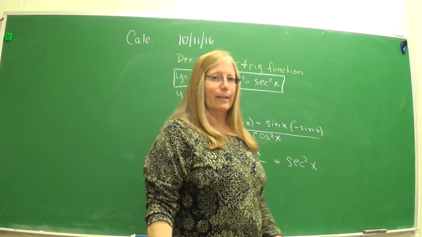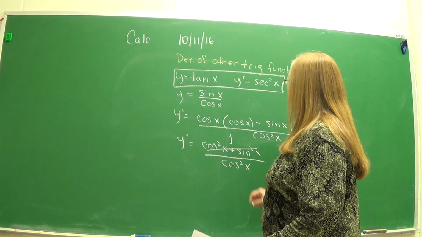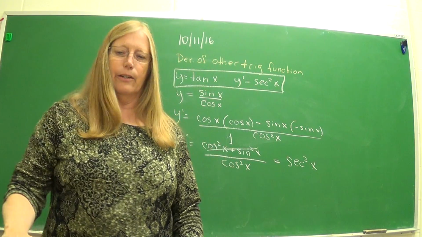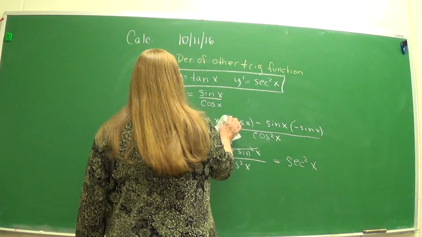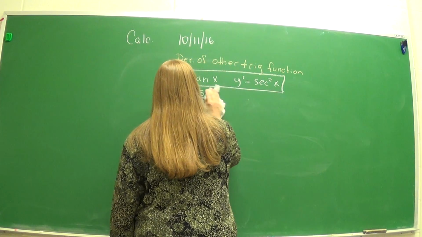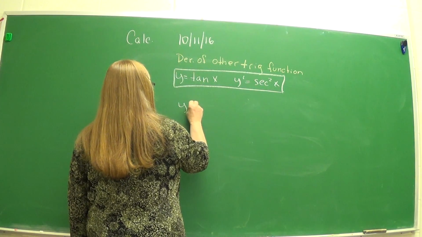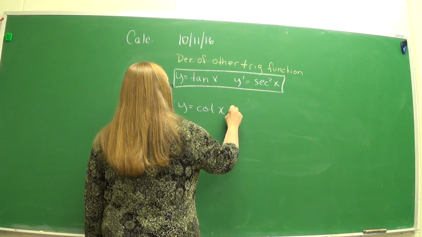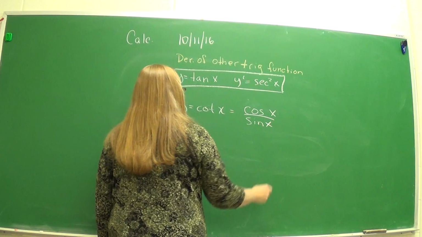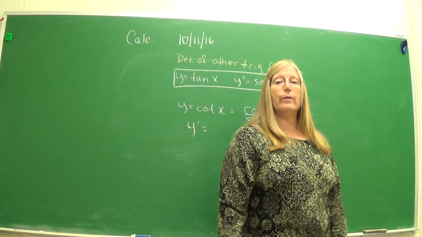Alright, interesting. Let's go ahead and look at cotangent. I'll just leave that up and erase underneath. If I have y equals cotangent, I remember my trig identities, that is cosine over sine, and y prime is going to use the quotient rule from there.